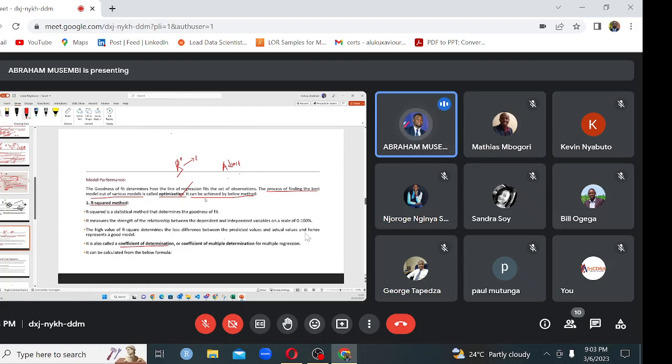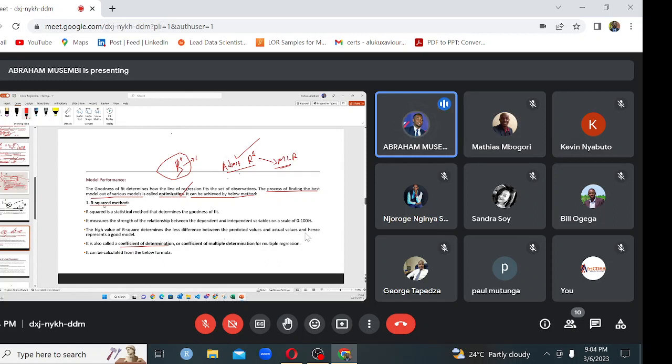Anyway, let's continue. Adjusted R squared is majorly used when we are dealing with multiple linear regression. But for simple linear regression, we are just going to use the R squared. Yes, we shall calculate that.